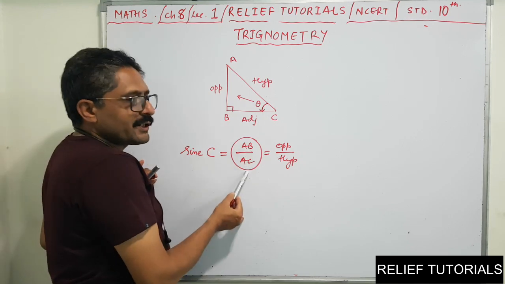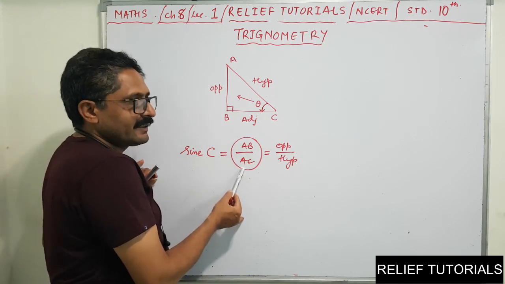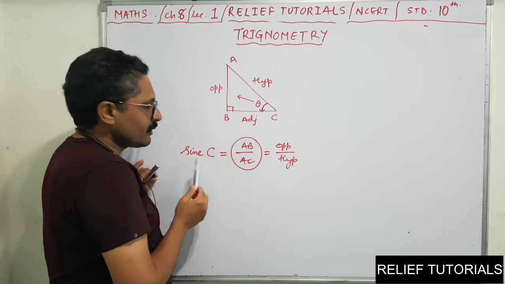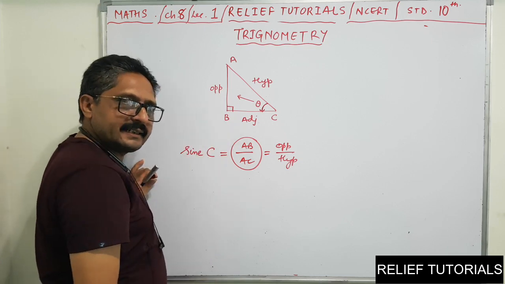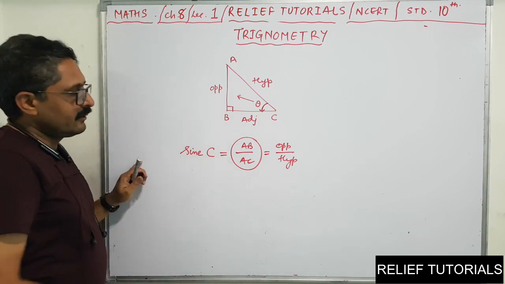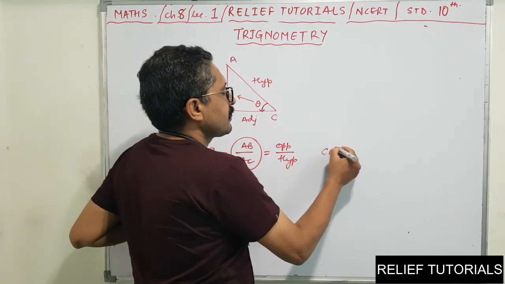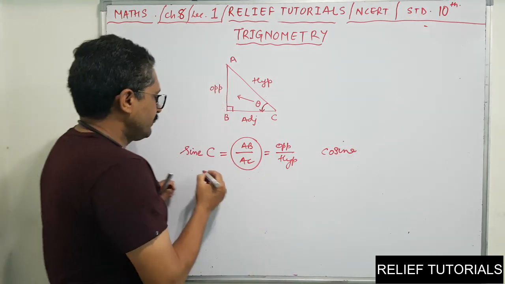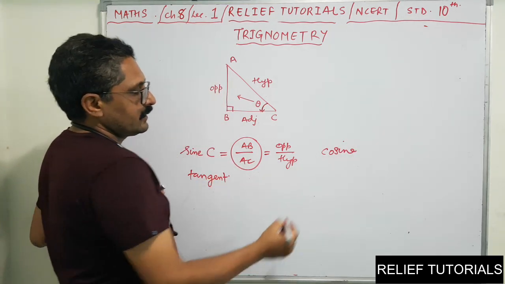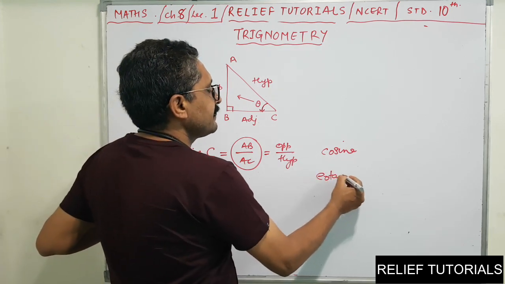So the name of these ratios, AB upon AC, considering angle C, AB is the opposite side, I have given the name sine C. So the six ratios have names. One is sine, the other is cosine. One is tangent, the other is cotangent.